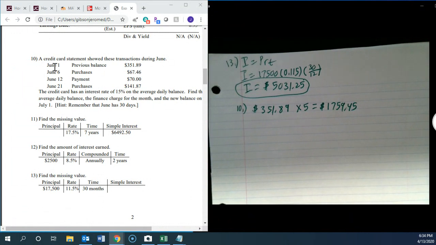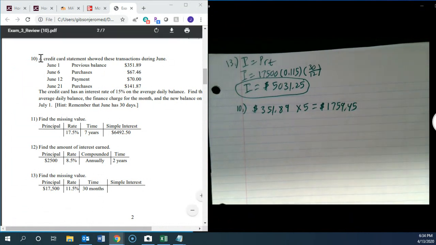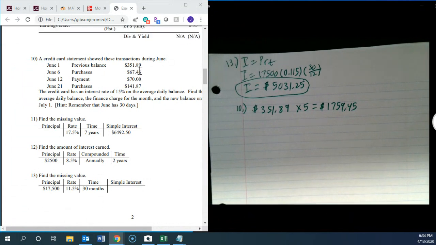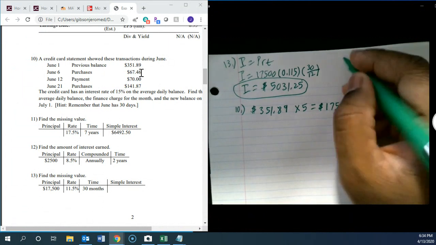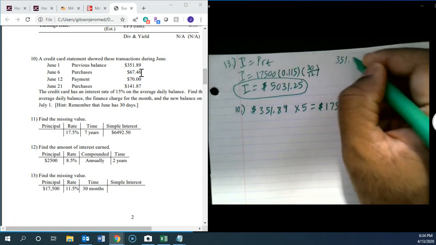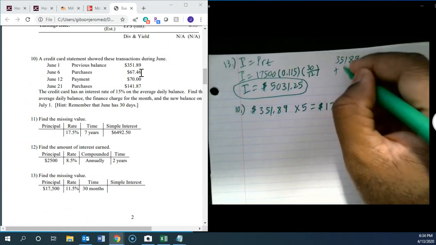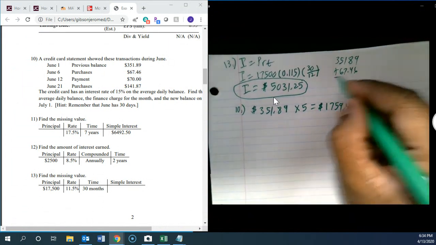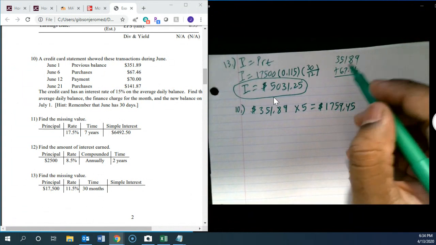Now, if you notice right below that, it says purchases of $67.46. So what we need to do is add these two values. So $351.89 plus the $67.46. Because remember, when you make a purchase, that increases your credit card balance.